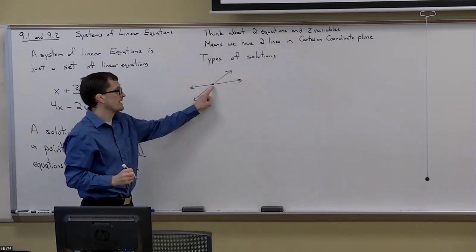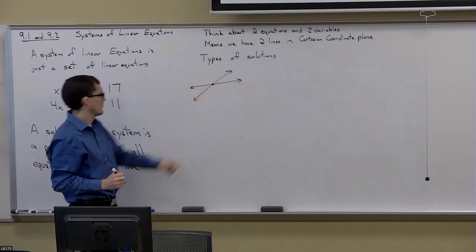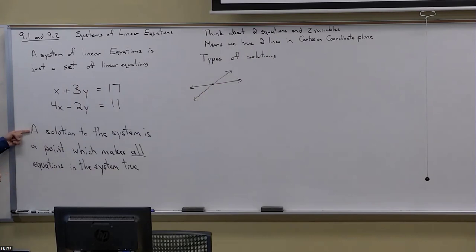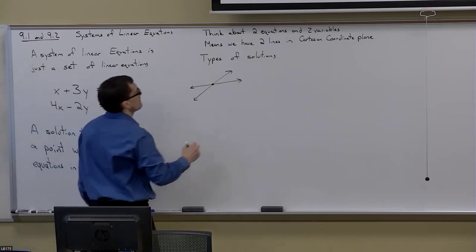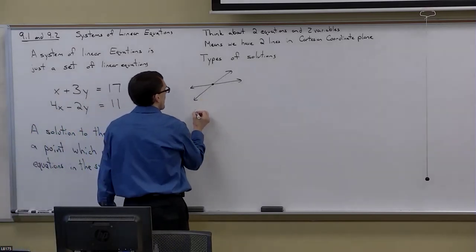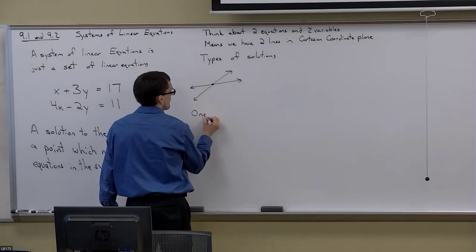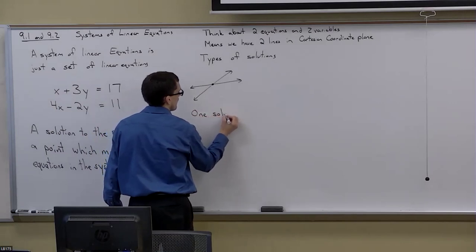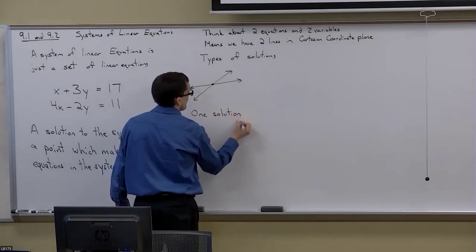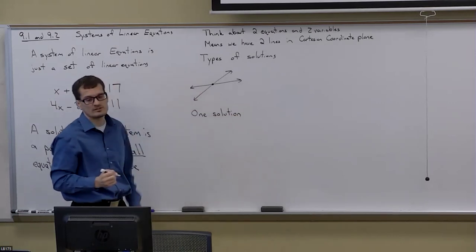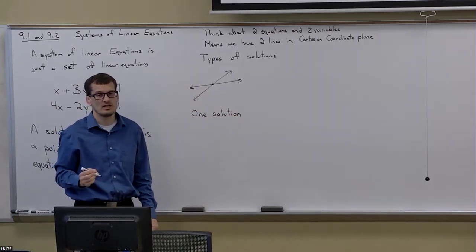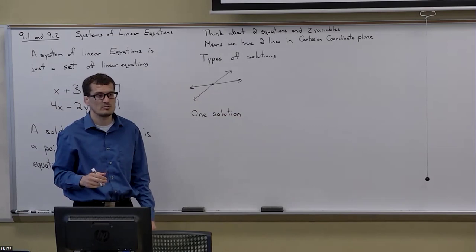The point that they cross is going to be a solution because it's going to make both equations true, right? So most of the time, we're going to be in the one solution case where the two lines cross at a single point.